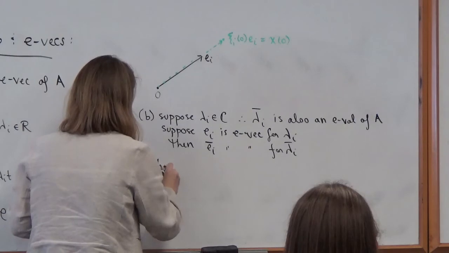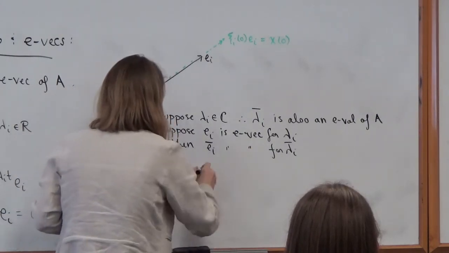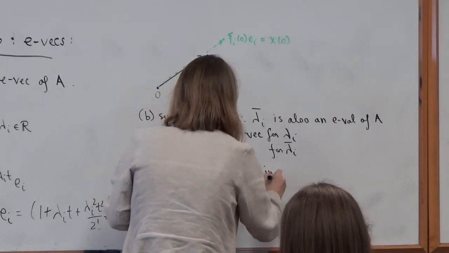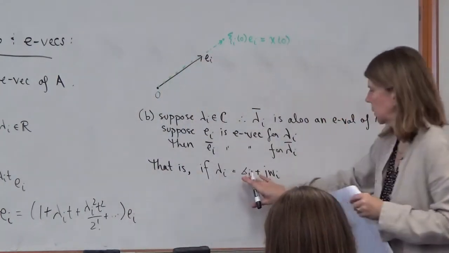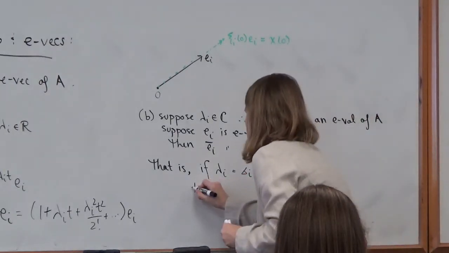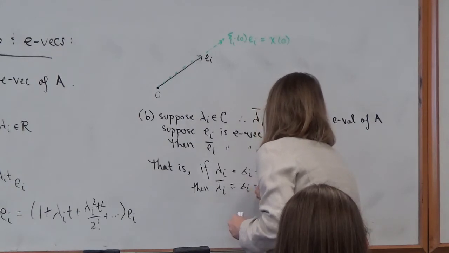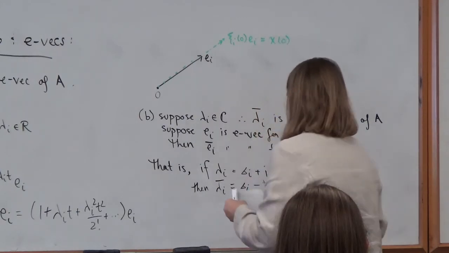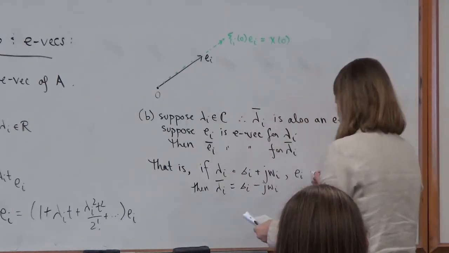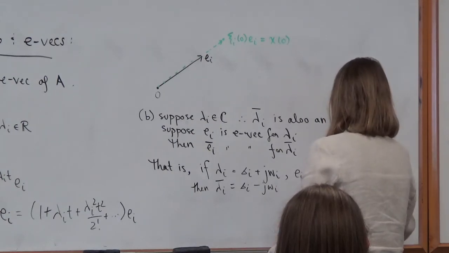Just being a little more specific, lambda i is equal to sigma_i plus j omega_i, being explicit about its real and imaginary components. Then the complex conjugate, lambda i bar, is sigma_i minus j omega_i. And the corresponding eigenvector to lambda i, e_i, is equal to e_i^1 plus j e_i^2.